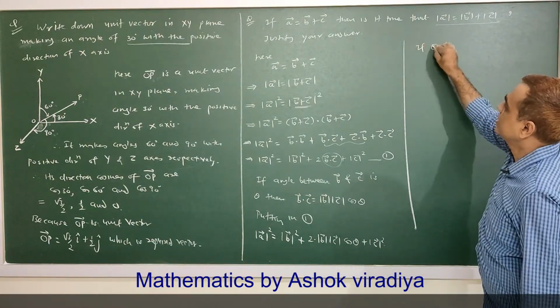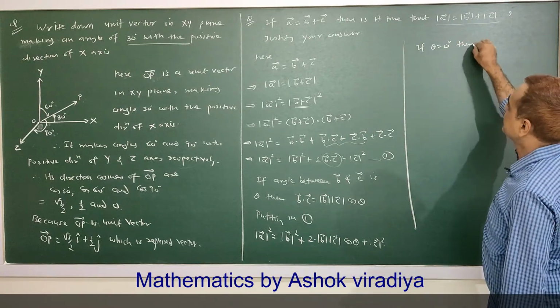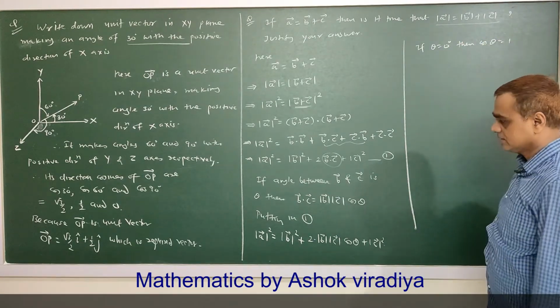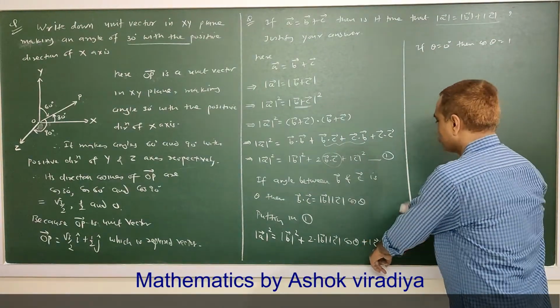If theta is 0 degree, then cos theta is 1.